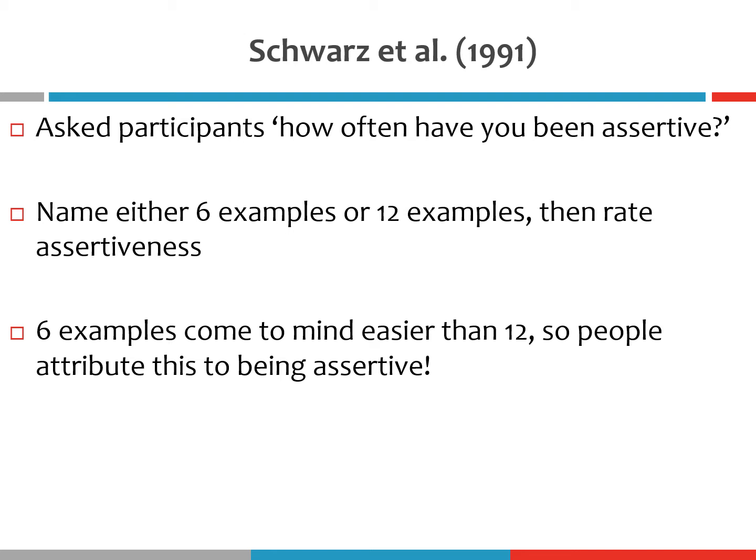So because 6 examples came to mind more easily than 12 examples, people attributed that to them being more assertive. So again, the ease with which we are able to remember specific instances is going to determine how probable we think something is.